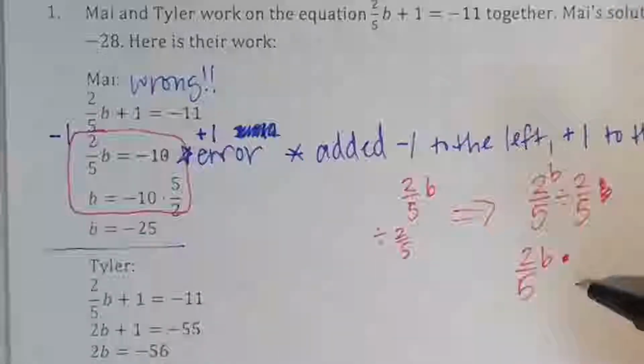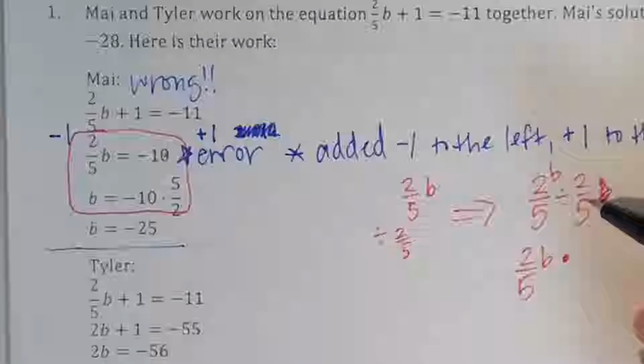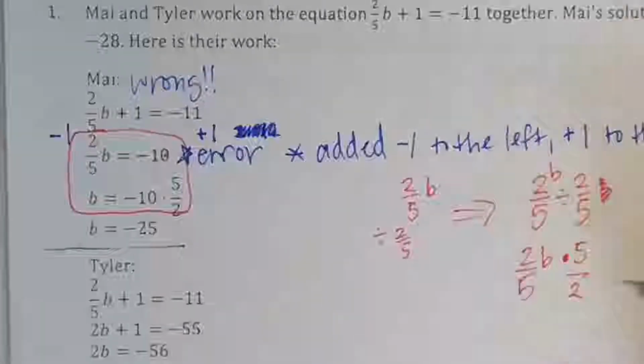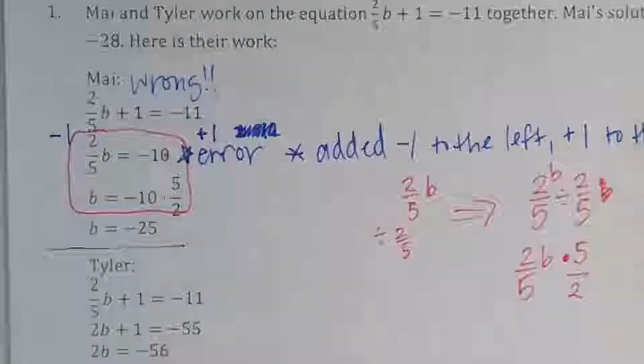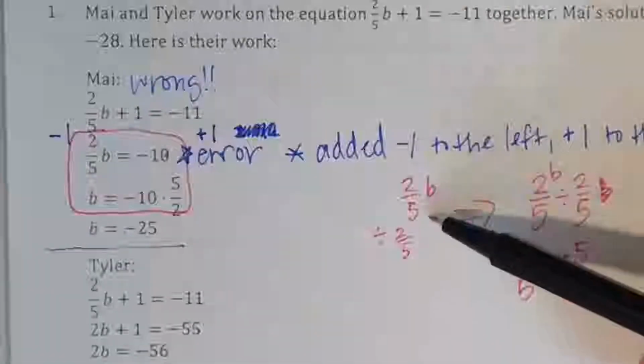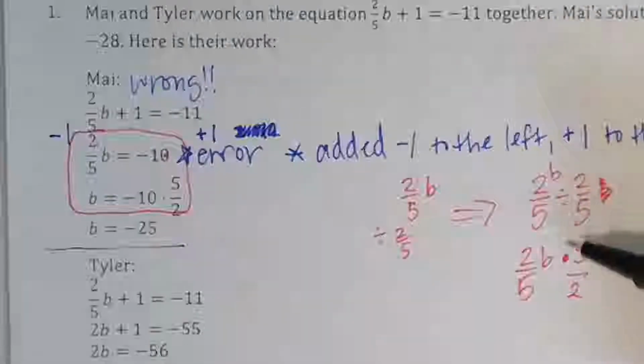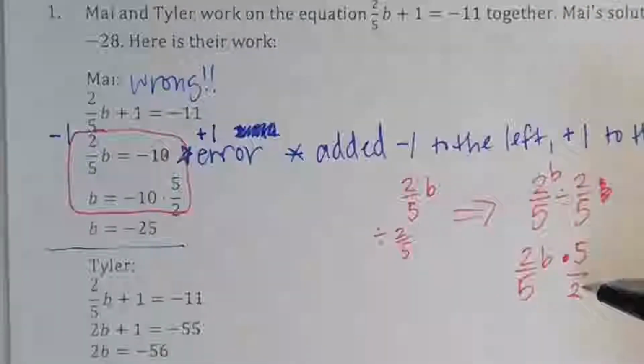Division becomes multiplication, and the next fraction becomes the reciprocal, or gets flipped, your teacher might have said. So in order to get rid of the 2/5, you actually multiply by what's called the reciprocal.